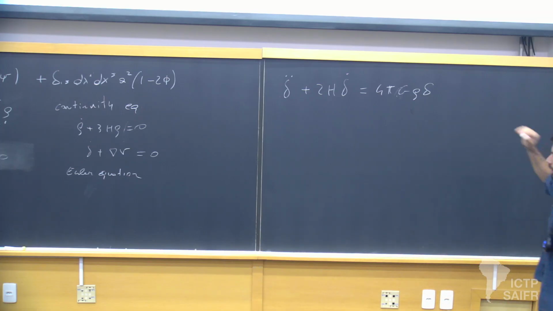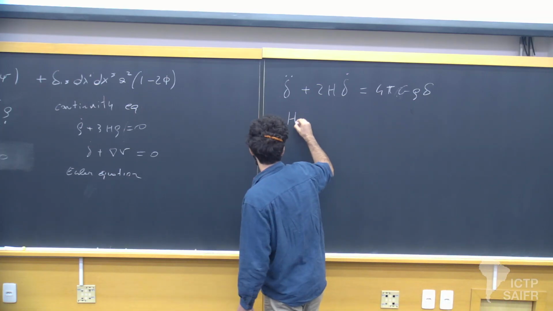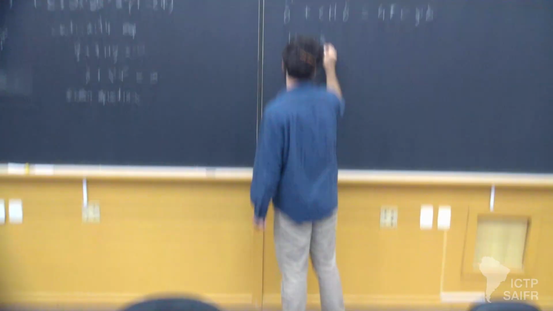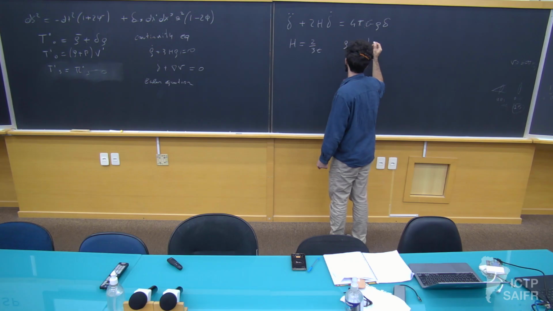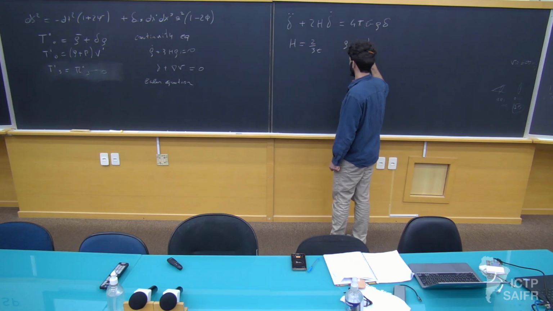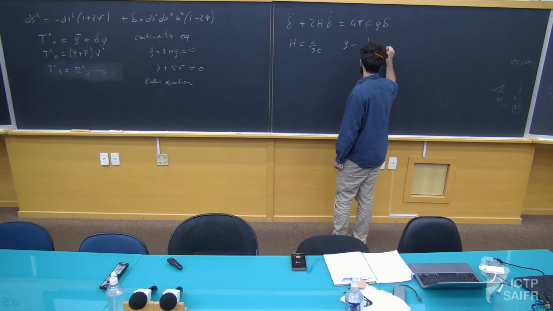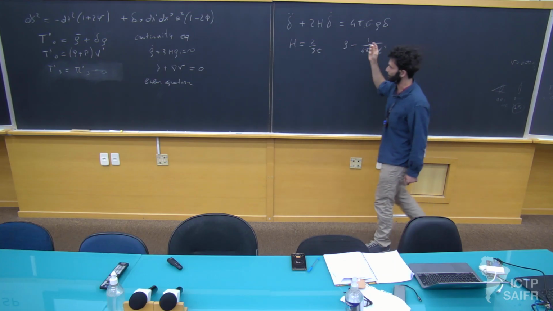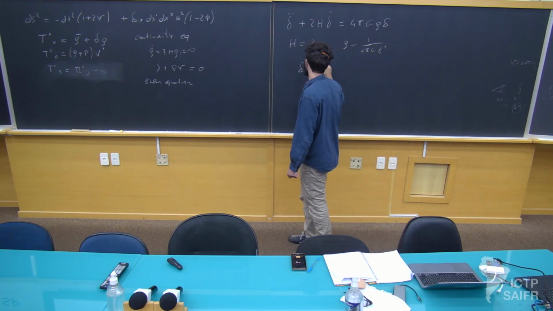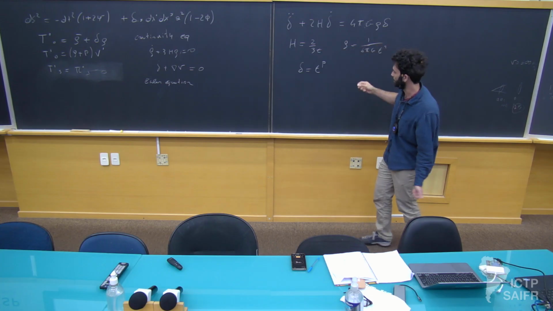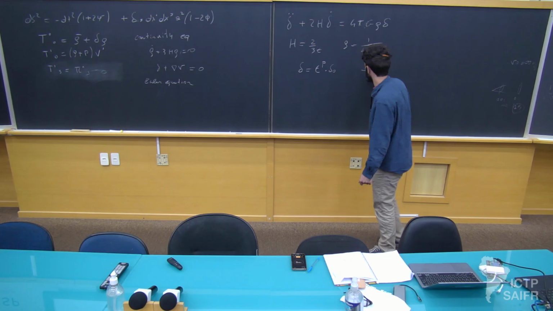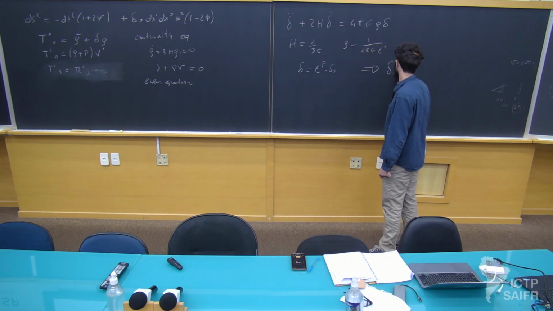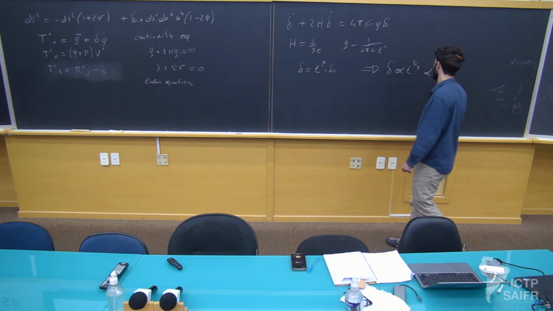And we assume usually matter domination, so we say that H is just 2/3 divided by t, and rho is just 1 divided by 6 pi G t squared. And then we look for solutions of the type delta equal to t to the p times some delta 0. If we plug this in this equation, we find a remarkable solution for delta, which goes as t to the 2/3, so which goes exactly as the scale factor.